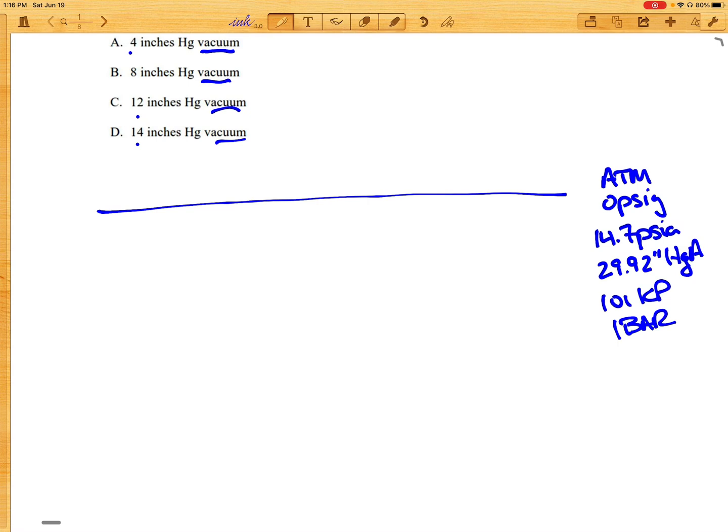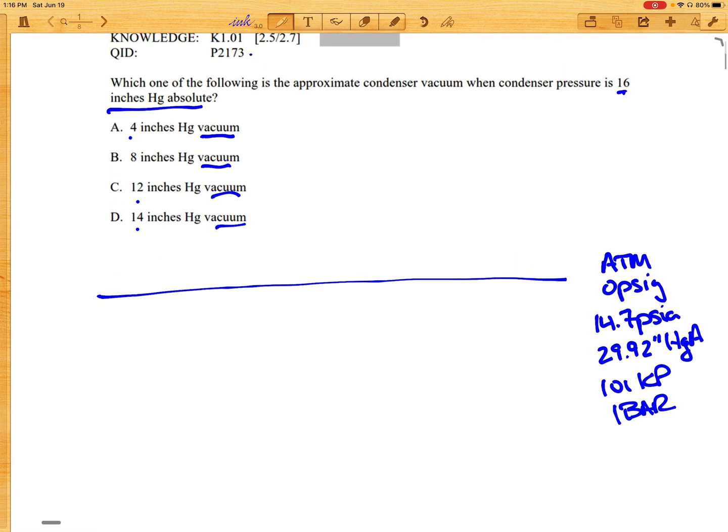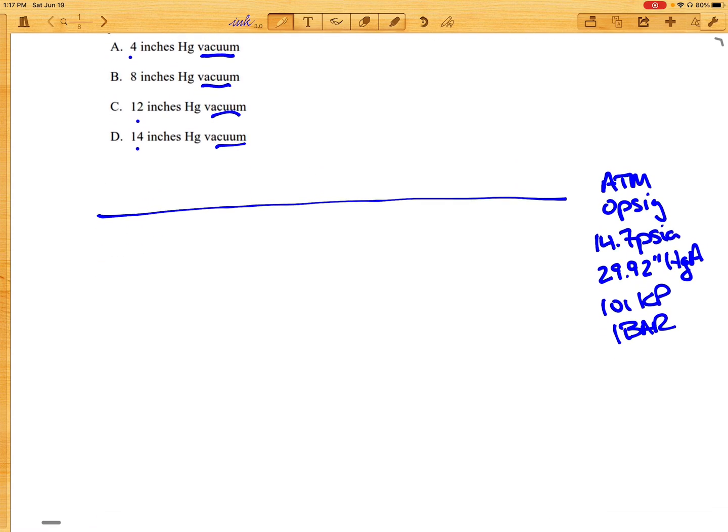measurement units that I can't remember right now, but that's enough, right? We got inches of mercury. That's the only thing we have in our problem. So the second part of this diagram is going to be down here at the ground, right? What's the ground going to be? Well, it's going to be 0 psia, 0 inches mercury absolute, 0 kilopascals, and 0 bars.